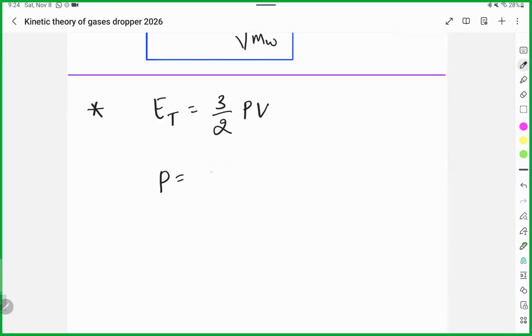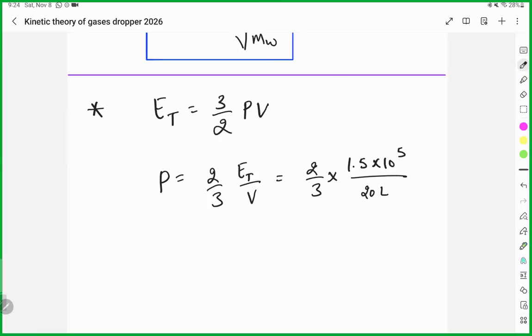Pressure will be equal to 2 by 3 times translation energy by volume. What is the energy given? 1.5 into 10 raised to power 5 joule. And volume 20 liter. Now you have to convert 20 liter into meter cube.